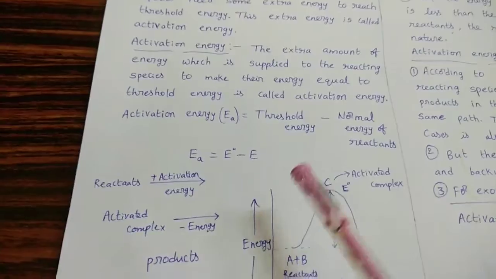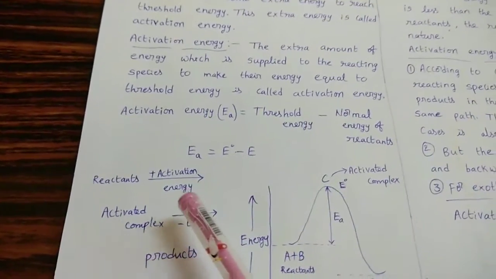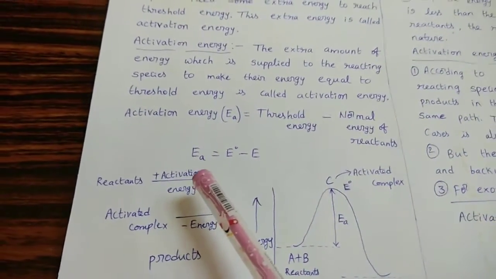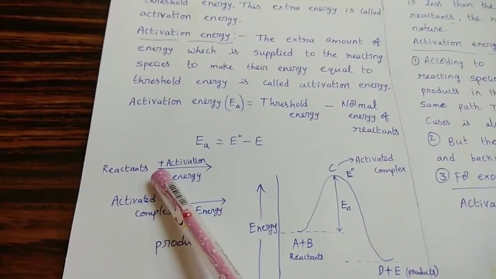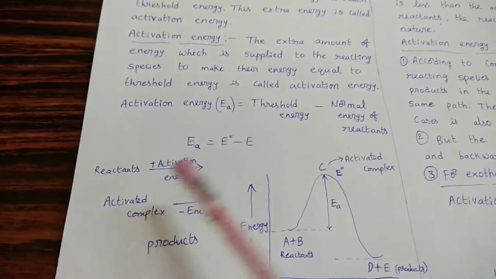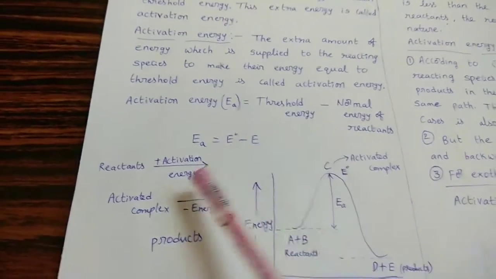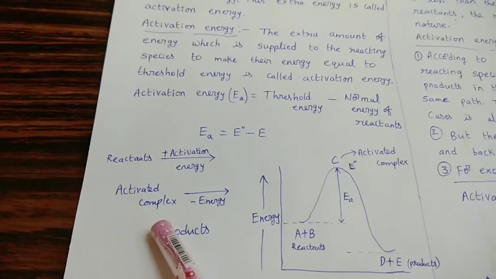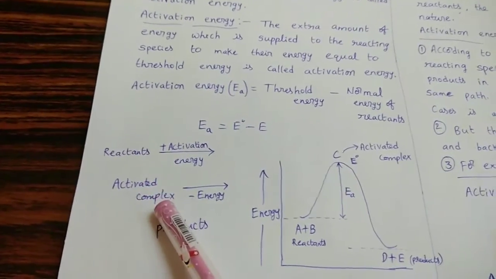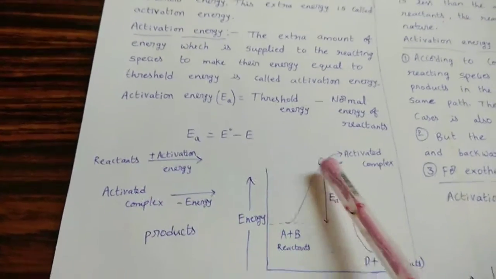Few molecules have threshold energy. So by supplying extra energy, that means by providing activation energy, the reactant molecules' energy reaches threshold energy. With this activation energy, reactant molecules form an intermediate complex that is called the activated complex, that is C.